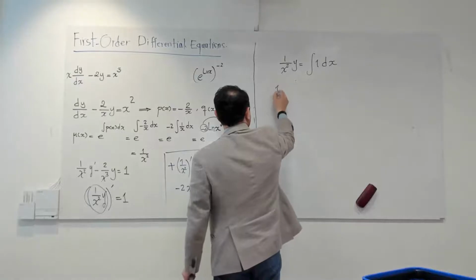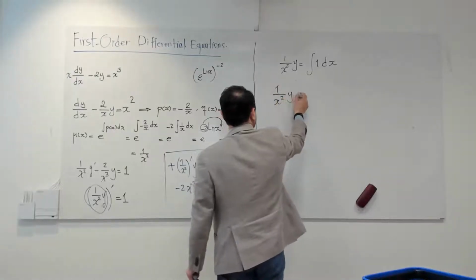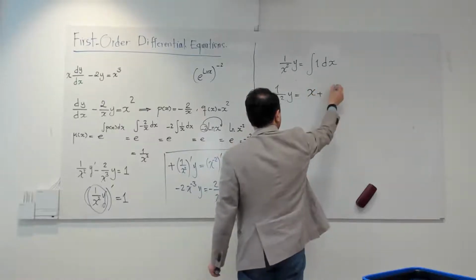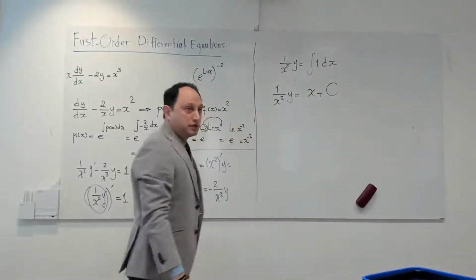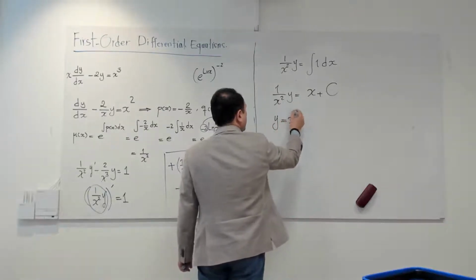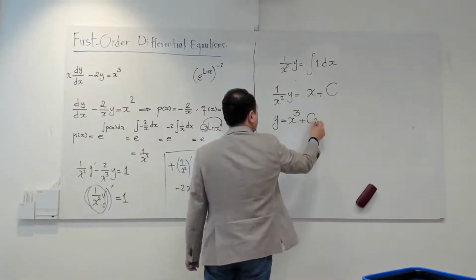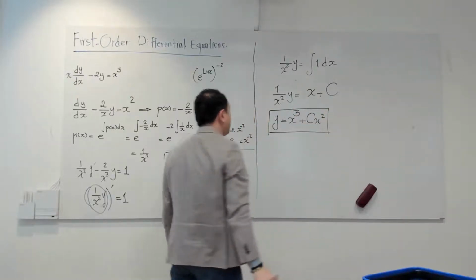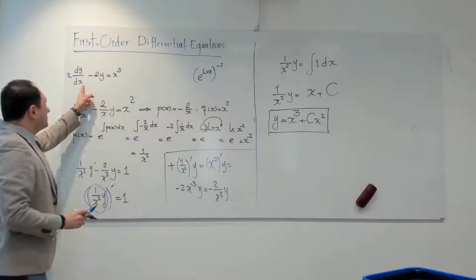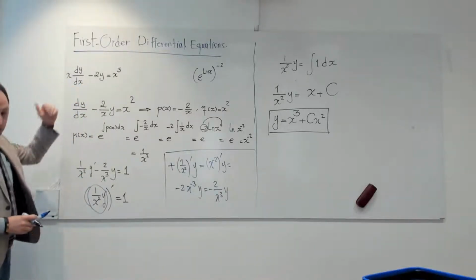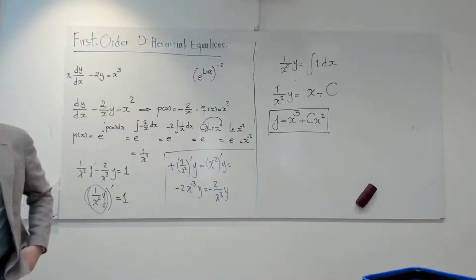And then this becomes 1 over x squared. I want to find all primitive functions of 1. It is clear. It is x plus c. But now I am going to find y, so I multiply by x squared. So it becomes x cubed plus c x squared. So that is the general solution of this differential equation. And it was not easy to guess, even though that's not a complicated function, that this would give rise to this one.